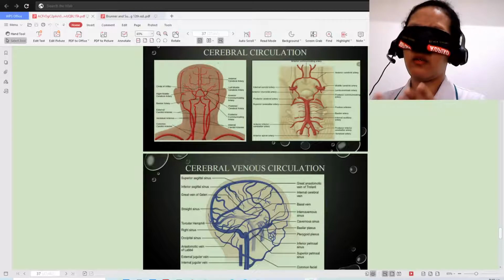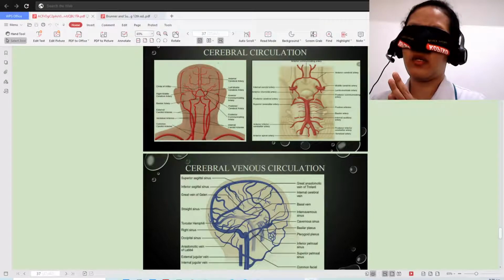Then on the other image, the lenticulostriate artery supplies blood to the basal ganglia. Then the anterior choroidal artery supplies blood for motor control and vision.